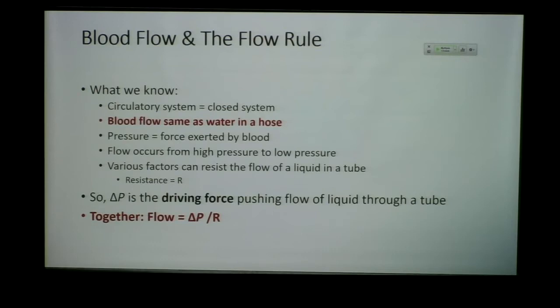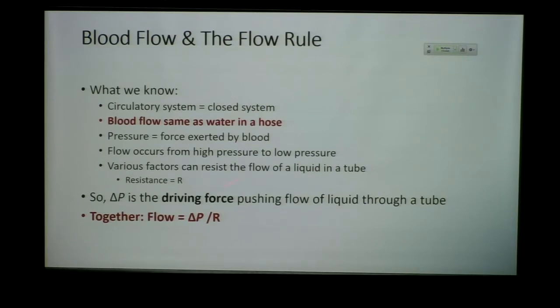What would the hose be? Our vessels, right? The vessel would be the hose or the conduit that the blood is actually moving through. So if we think about that analogy, the force that is being exerted as blood leaves the heart is what creates the pressure to actually move that blood through our entire circulatory system, okay?